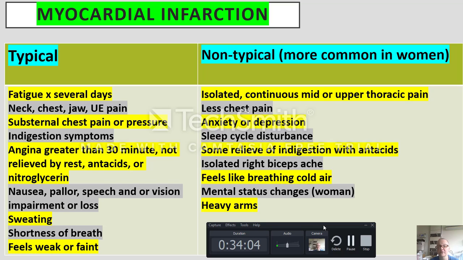Sleep cycle disturbance, some relief of indigestion with antacids, isolated right bicep ache. It feels like breathing cold air. Mental status changes in women, and heavy arms.